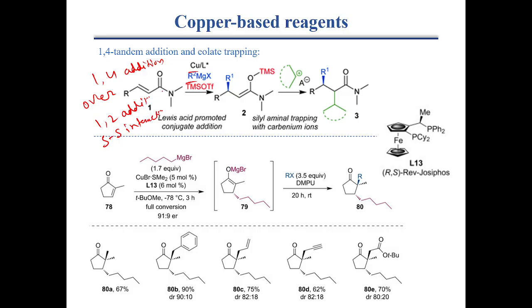So first the R2 attacks here. I'm just writing it this way, RCuLi. So the R attacks here and forms this enolate, O minus, R.